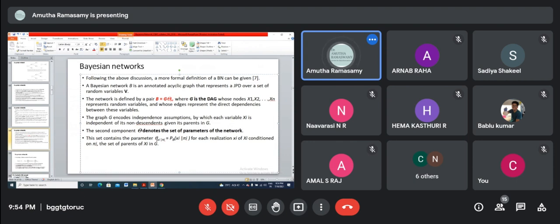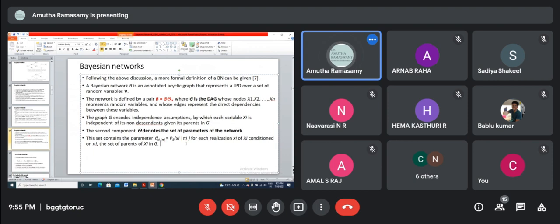This set contains the parameters for each realization xi of Xi, because this is a capital one, this xi is a component of capital Xi, conditioned on the parents of Xi in the graph. So now we will see what this is.